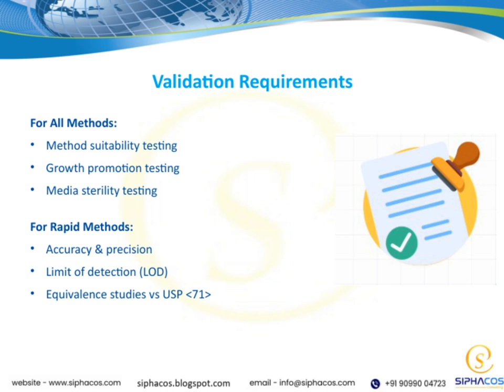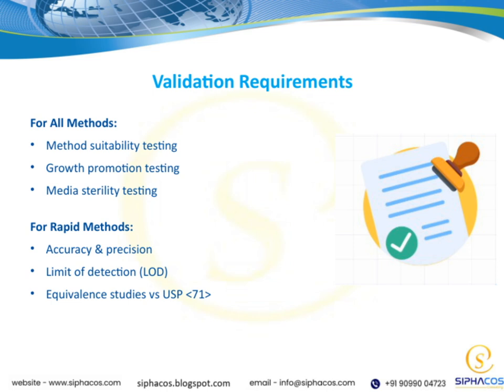Now, when we talk about rapid methods, there are additional validation parameters to consider. Accuracy and precision are fundamental. They tell us whether the method provides reliable and consistent results. The limit of detection, or LOD, is also crucial, as it defines the smallest amount of microorganism our method can reliably detect. Furthermore, we need to perform equivalence studies, especially when comparing rapid methods to traditional methods, and this is where USP 71 comes into play.